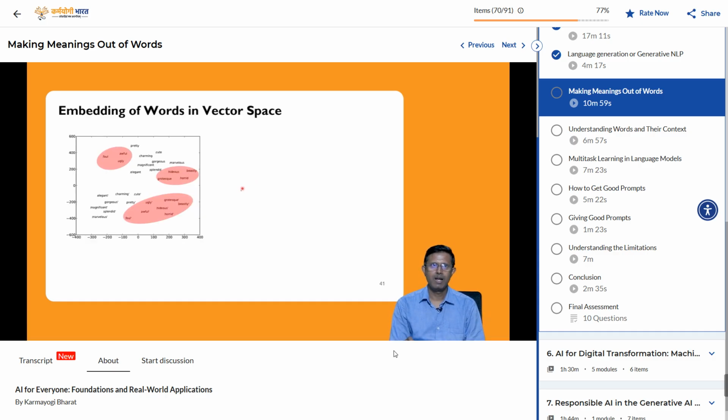So, after that, suppose you produce the different outputs, or whatever the vectors are, and if you plot them on a say 2D surface, you can see that the terms which are connected in some manner, they will be grouped together.